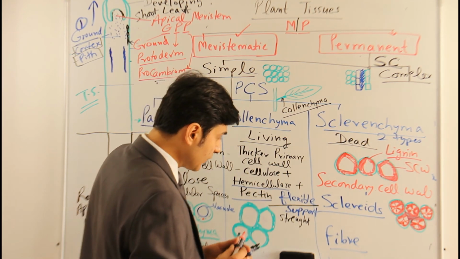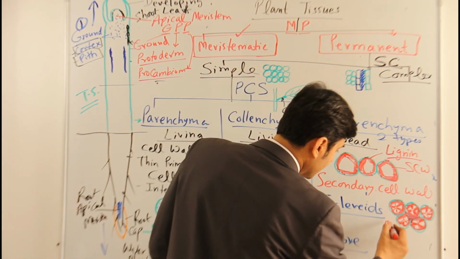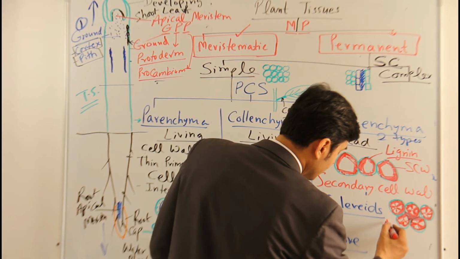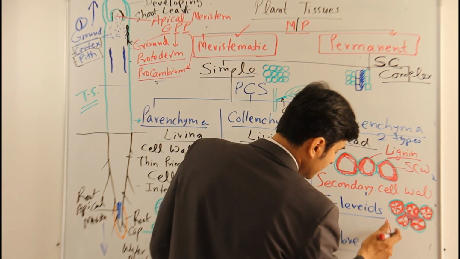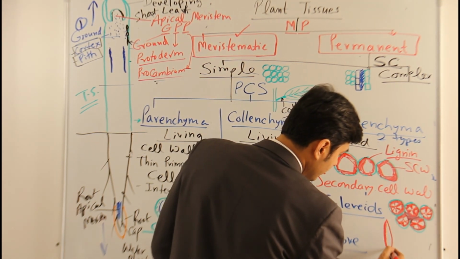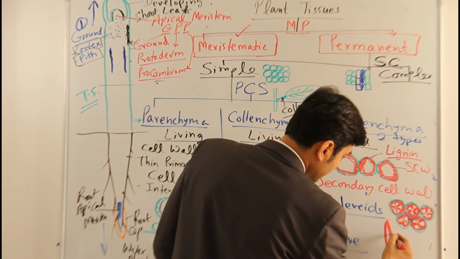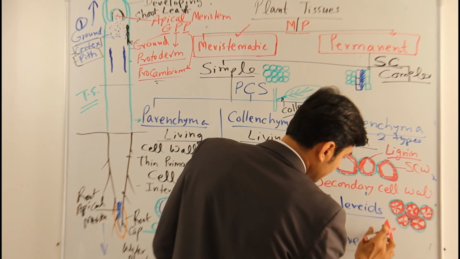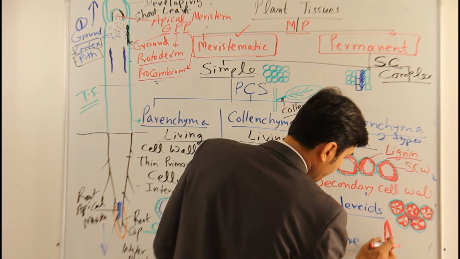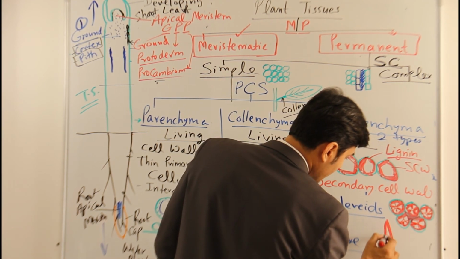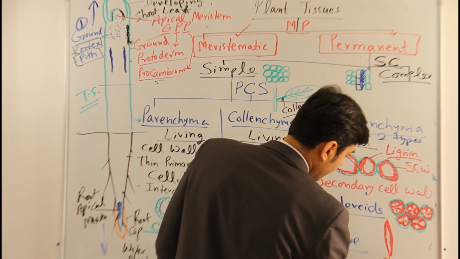The next one is fiber. Fibers are like this. These are the fibers, again with a cavity in between, and this is the secondary cell wall, and this is how fibers are made.